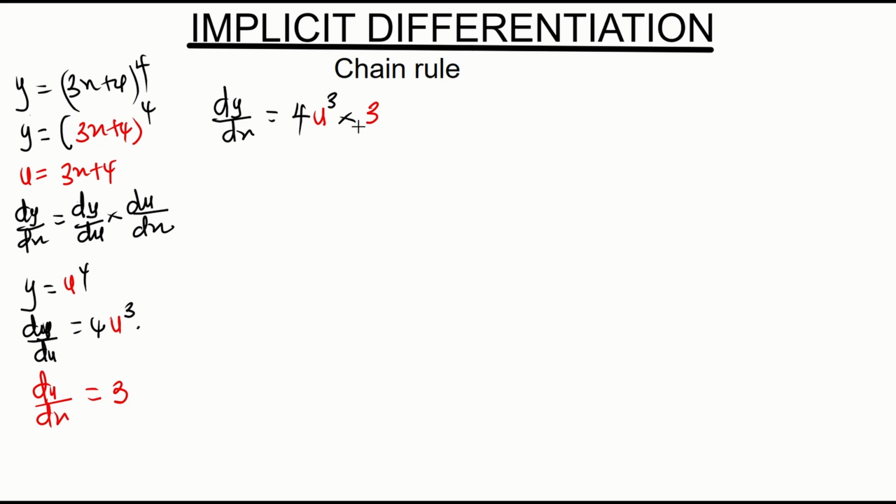So we can equally draw a tree for that, where the first function is y, and my y is depending on u, where my u is also equally depending on another variable, which is x. So we can check this pattern.